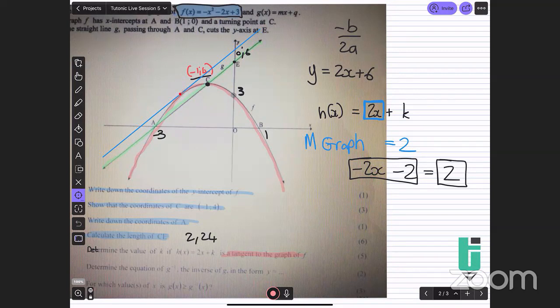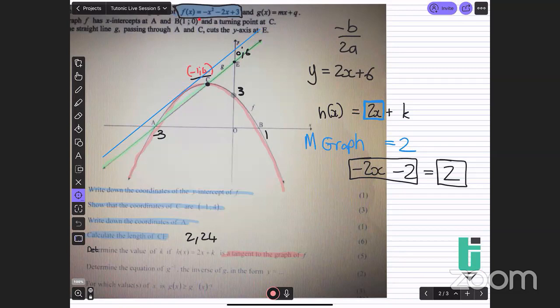Okay. So that means that if the gradient of the tangent is 2, that means that the gradient of the graph at this point must also be 2. But what's the gradient of the graph, Elias? Minus 2x minus 2, because the graph is minus x squared minus 2x.